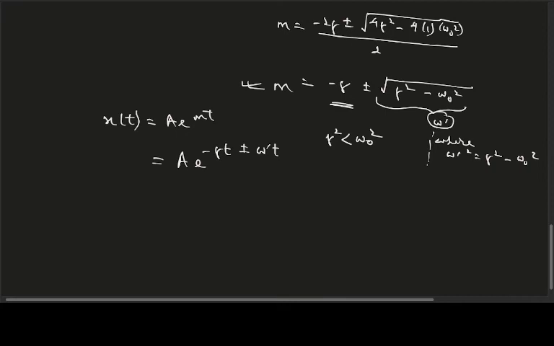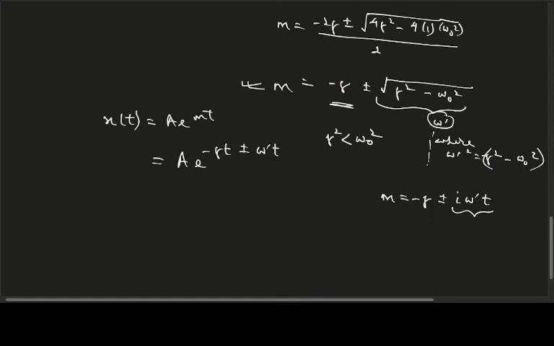So instead of taking omega prime squared as gamma square minus omega naught square, we take this as minus of gamma square minus omega naught square. So m is nothing but minus gamma plus minus i omega prime t.